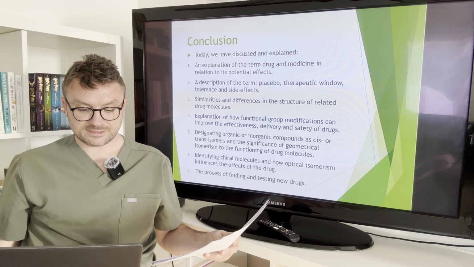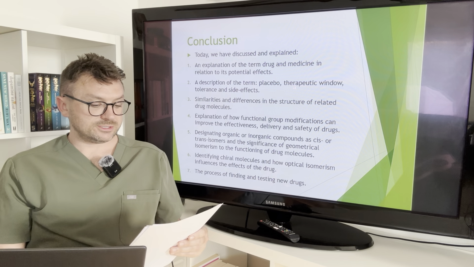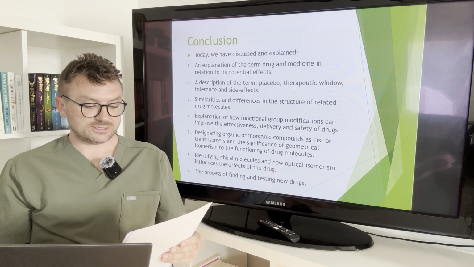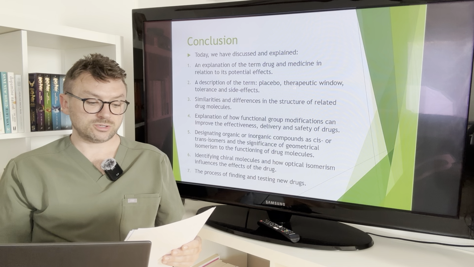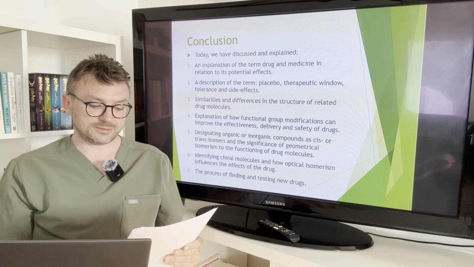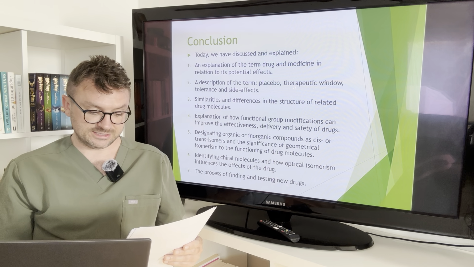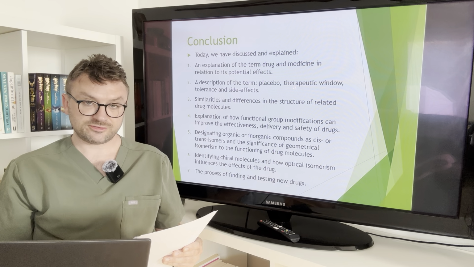So we're coming to the end now. So in conclusion, the discovery and development of medicines is a highly complex process that combines chemistry, biology, pharmacology, and computer science. Today, I have explained what drugs and medicines are, the concepts of placebo, therapeutic window, tolerance, and side effects.